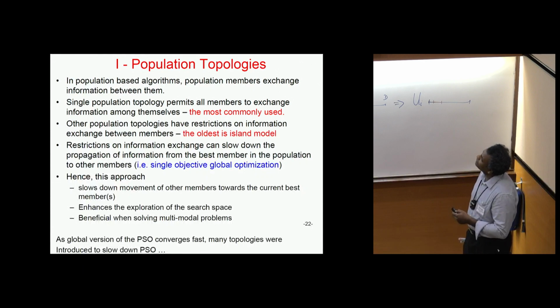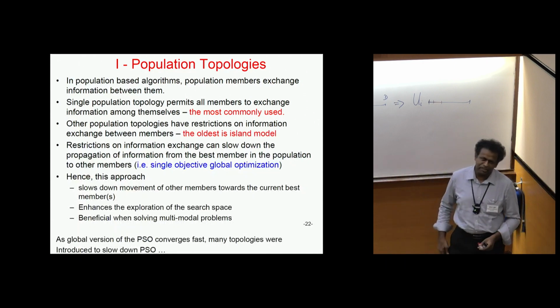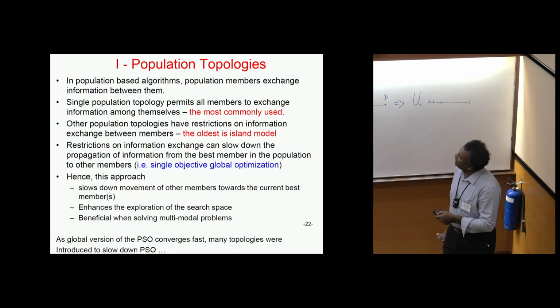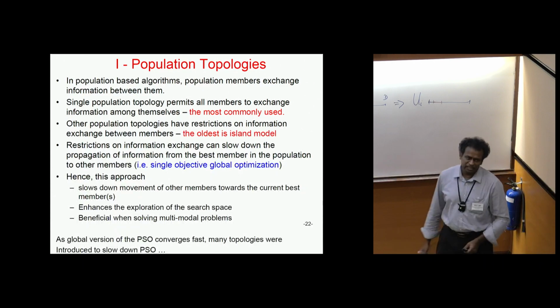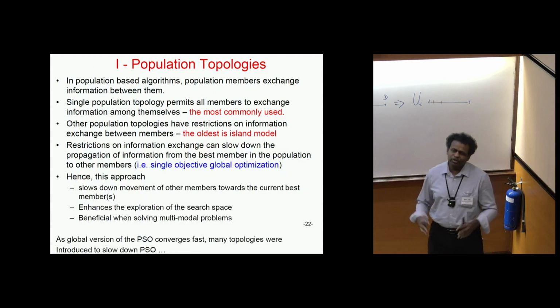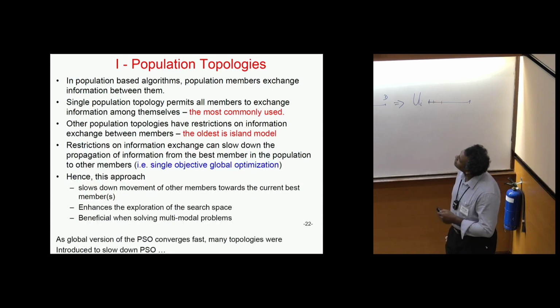If you have subpopulations, that means if you divide up the whole population into small groups, you have the benefit of delaying convergence. That means you may be able to escape from premature local convergence by using these topologies.